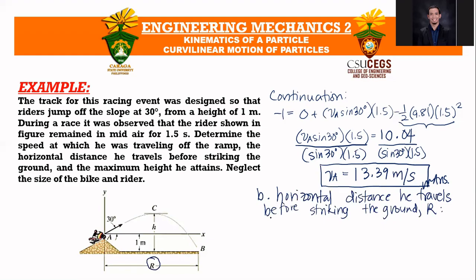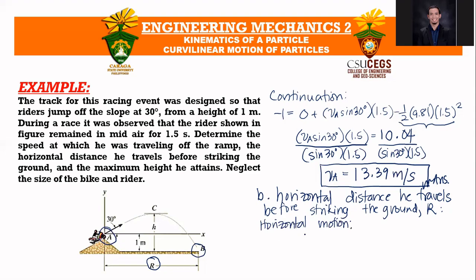So the equation we will use is still from point A to point B, because r is measured from the initial position A going to the final position B. And the equation we will use is from the horizontal motion, since this is a horizontal distance.